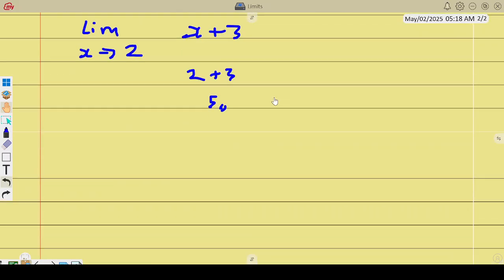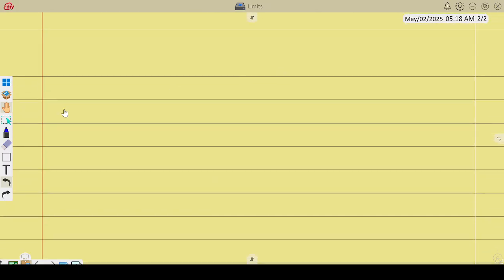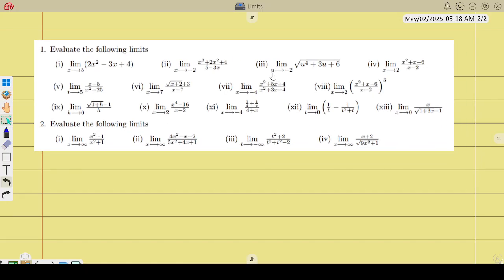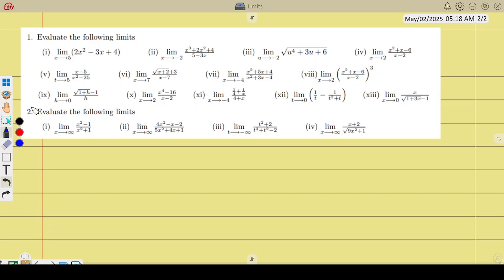And then where's the other question? So we can now look at question 5. Question 5 also requires you to factorize x minus 5 over x squared minus 25.